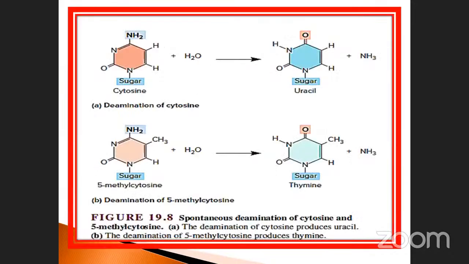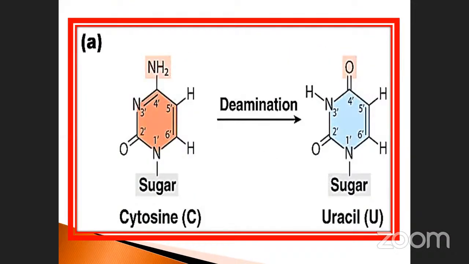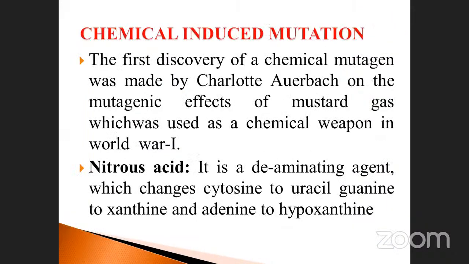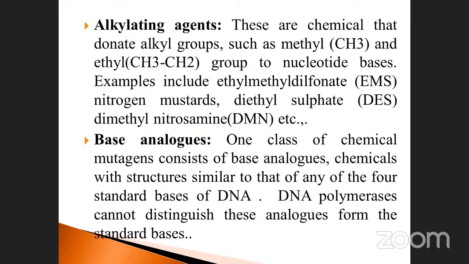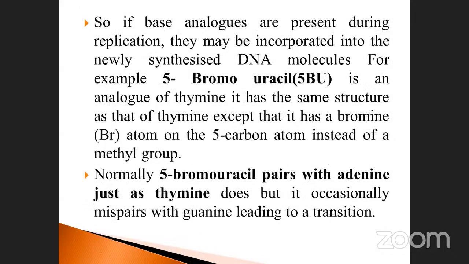So chemical mutagenesis, particularly nitrous acid, causes changes. The second is alkylating agents, which donate alkyl groups, and the third is base analogs. These are the three headings I discussed.